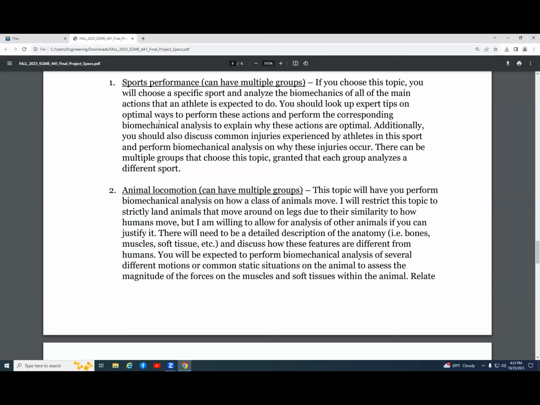Usually in these sports, there are 3 or 4 or 5 different motions or techniques that are really important for optimal performance. You can pick a sport and analyze what these techniques are, what kinds of muscle forces are involved, and what is required of a top athlete versus a normal person.